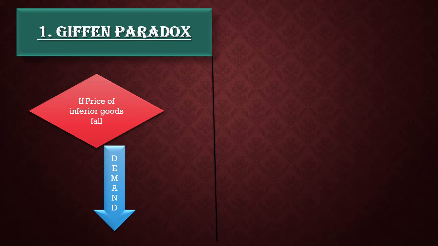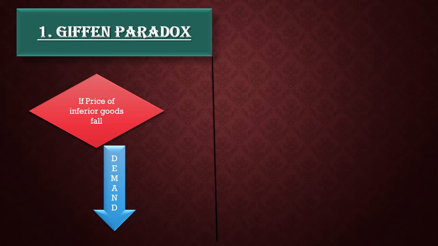Because people will think if the price goes down, the bad quality will be high. It's not good for them. That's why they will not buy the goods. So what we have studied is, if the price decreases, the demand will increase. But in this case, the price of the inferior good is falling, and in the same way, the demand is also falling. So this is the exception.